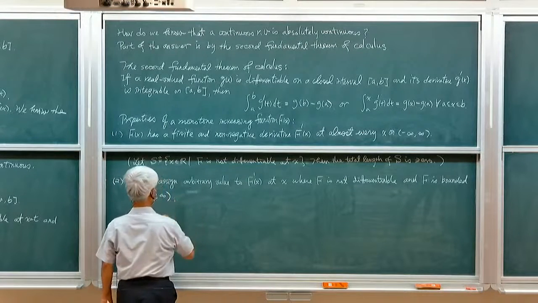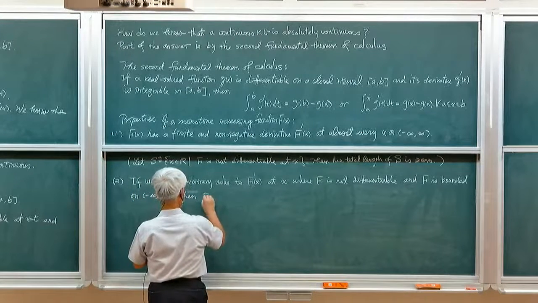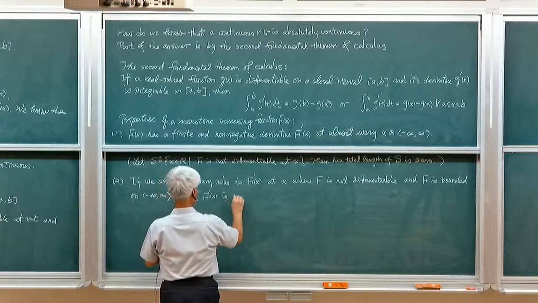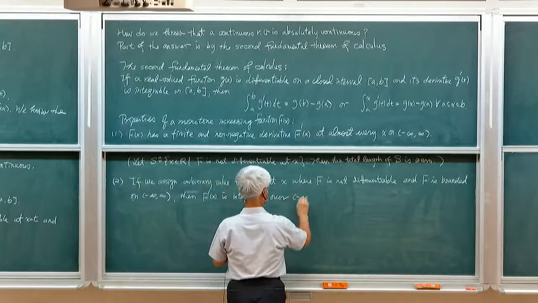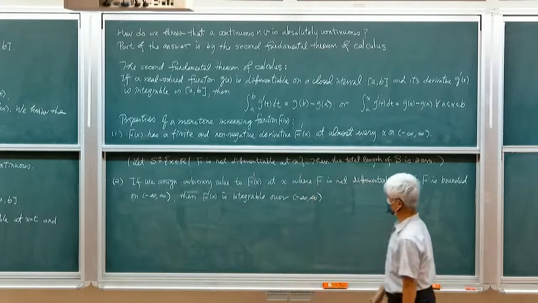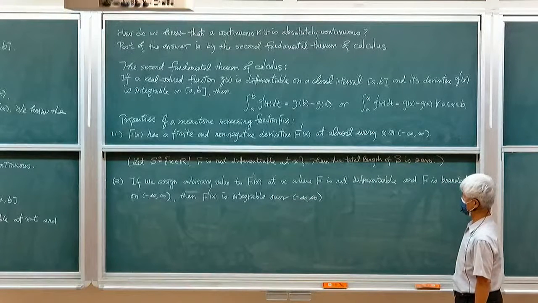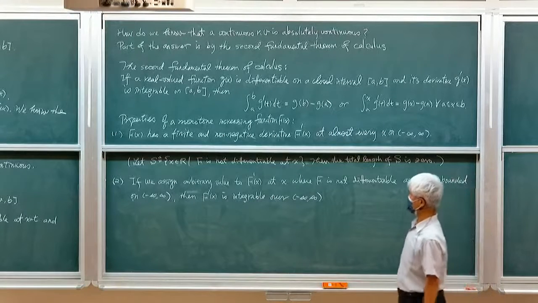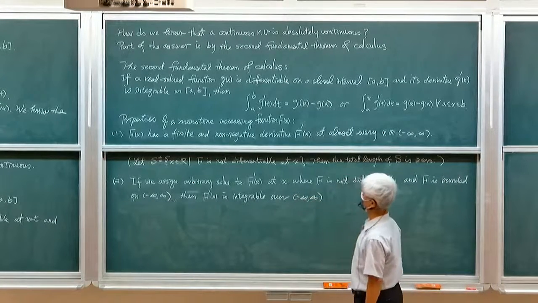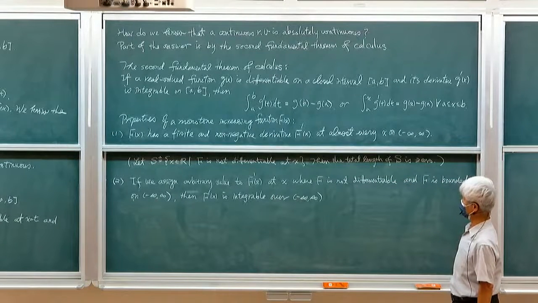Okay, so then f prime of x is integrable over the real line. Sorry, I forgot to put this condition. Boundedness is very important. Okay, so we have this one. So those are two properties of a monotone increasing function.